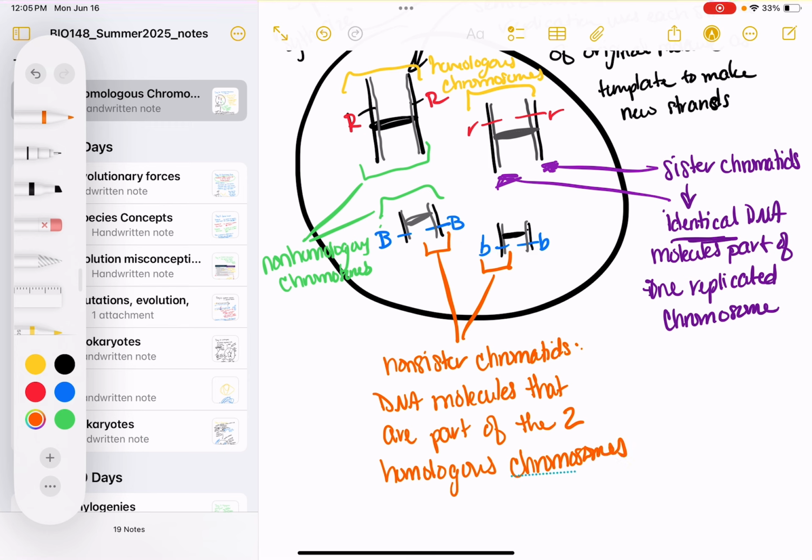Okay, so here we've got our homologous chromosomes, right, here and here, and here and here, right, you can see it.